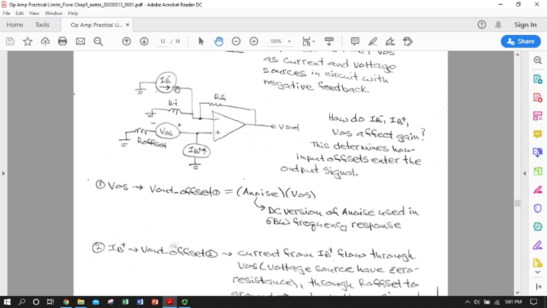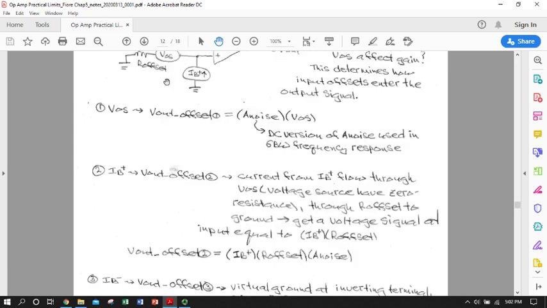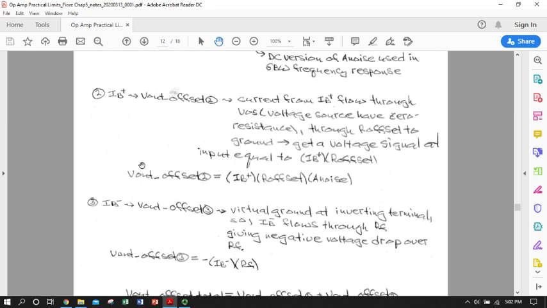We've got this ideal current source feeding into the inverting terminal. Again, these are representations of asymmetry errors that we're representing by ideal current sources. It's a good model, a modeled way of accounting for our error. We can say there's a virtual ground.